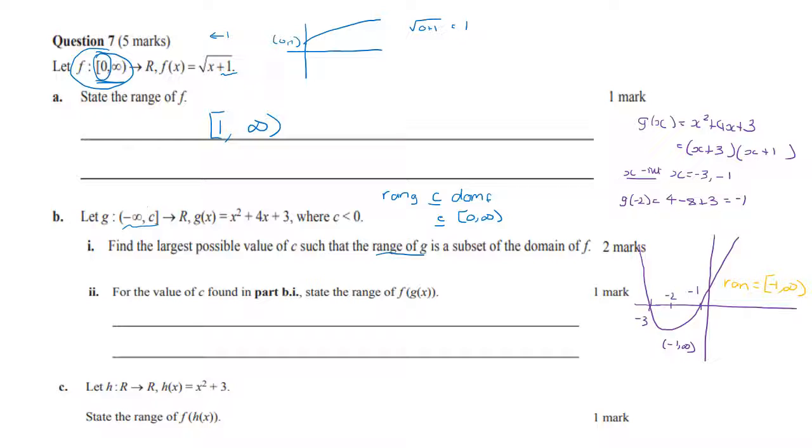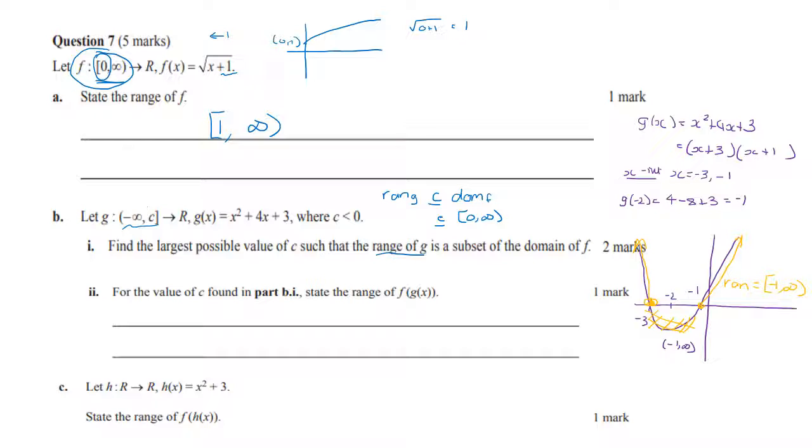But that is not a subset of 0 to infinity. So if I want this to be a subset of 0 to infinity, that means I can't have anything underneath the x-axis. So I want this range to be just from here, including 0 upwards.